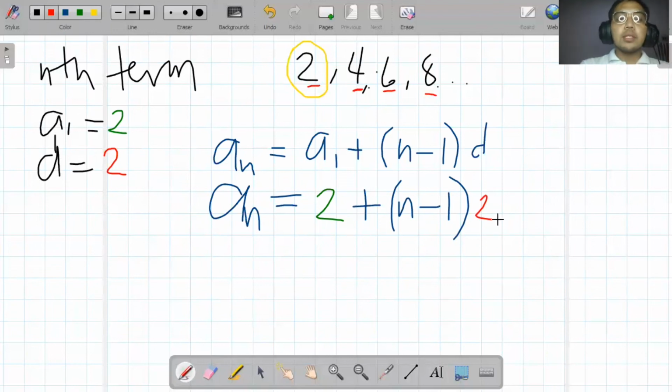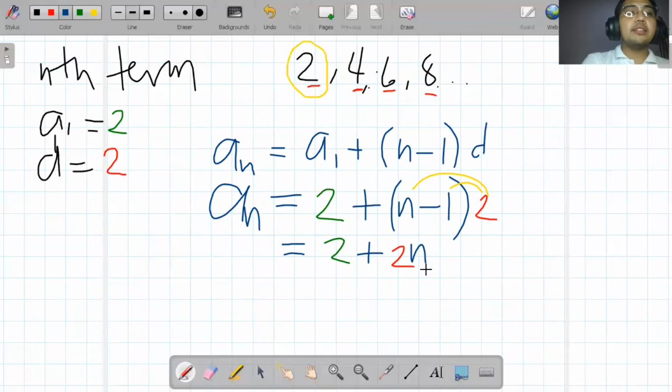Now simplify. Copy 2, and then plus, we distribute: 2 times n is 2n, and 2 times negative 1 is negative 2. Simplify: the 2n is positive, so we write positive 2n.